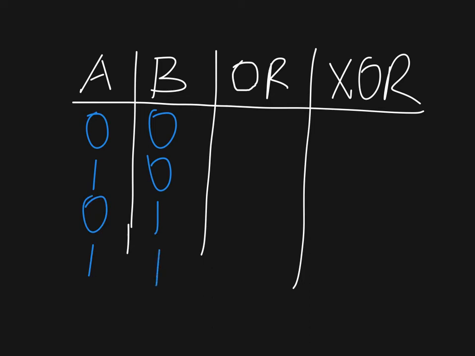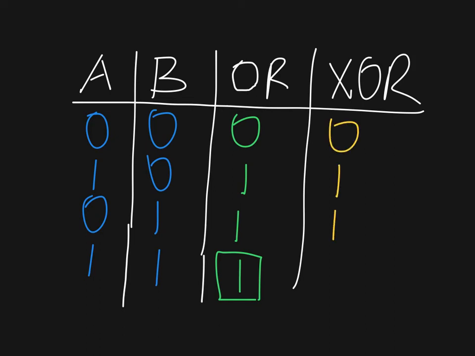I never seem to draw this long enough. So if it's an OR gate, 0, 0, 0, 1, 0, 1, 1, and then according to the OR gate, we get 1 here. Coming over to XOR, we get 0. Again, we have 1, 1. So these three rows are identical with these.